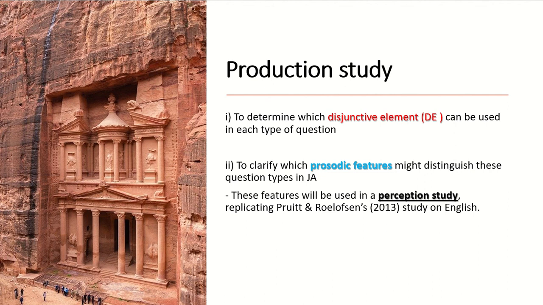If we know which disjunctive element and which prosodic features are specified for each type of question, then we can test these features in a perception study that replicates Prout and Rolifson's study on English.